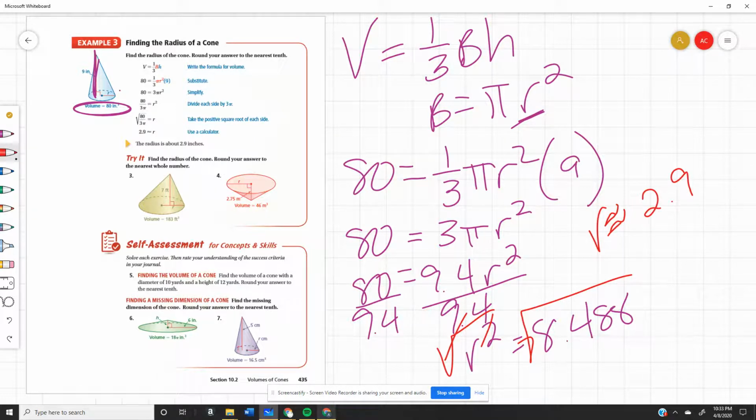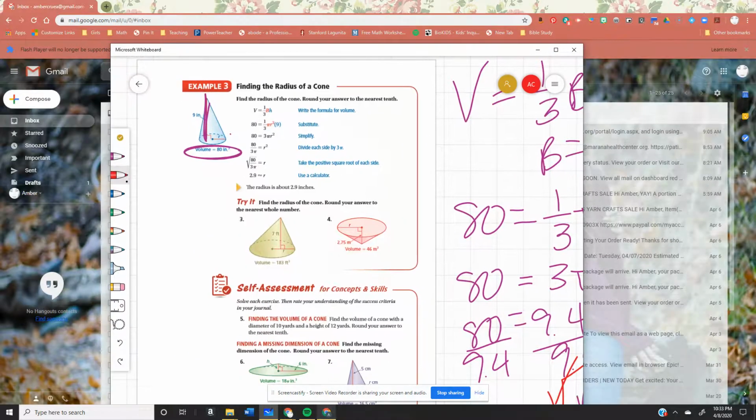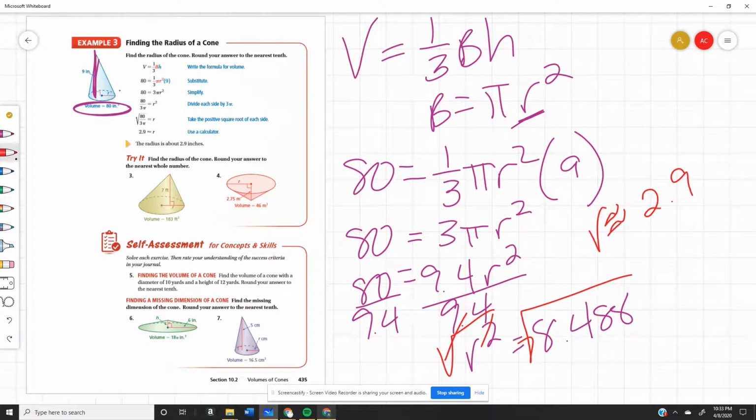I don't know. I like doing it this way. I like doing it my way over here, because then you can see all the steps. I like doing it this way because you can see all the steps, and to me, this makes more sense. You see it all worked out. You do need to use a calculator to be able to do it that way, but they're telling you to use a calculator right here anyway, and I'm plugging 80 divided by 3 pi into the square root of 80 divided by 3 times pi.